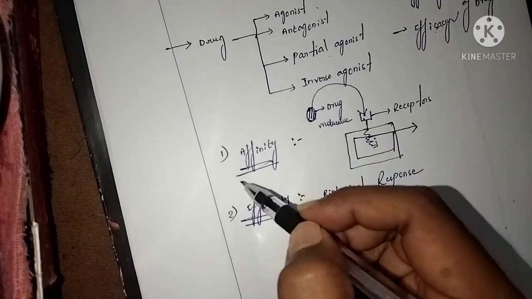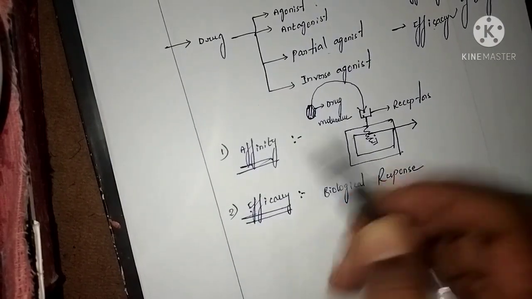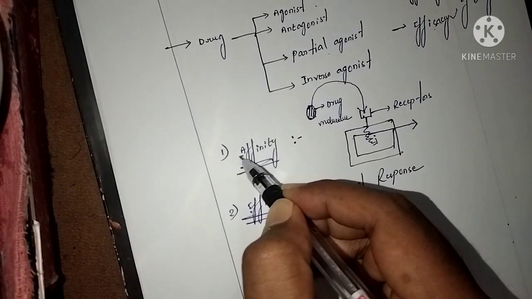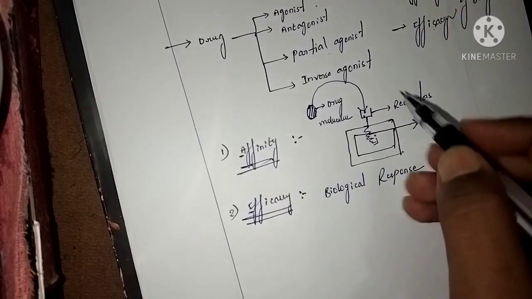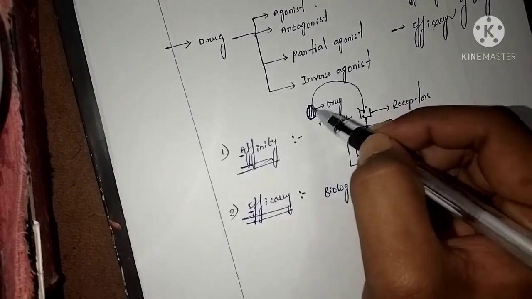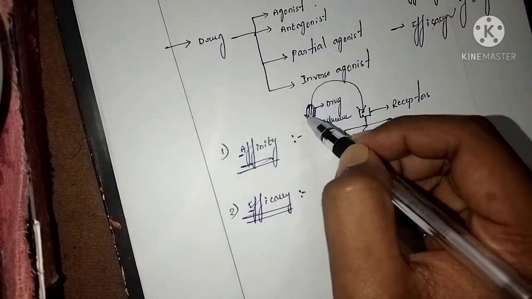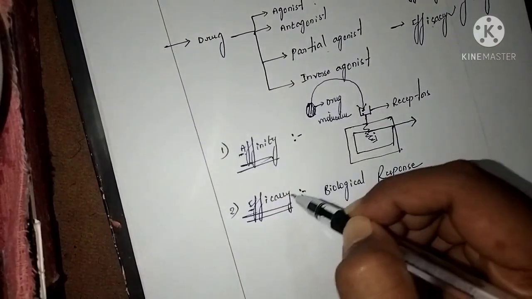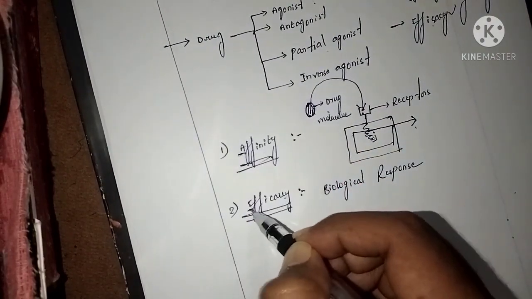Now some people will get confused between these both terms, what is affinity and what is efficacy. An easy way to memorize is that A comes first and E comes after A. In order to show biological response, the drug must bind to the receptor. So affinity comes first, efficacy comes next, like A comes first and E comes next.